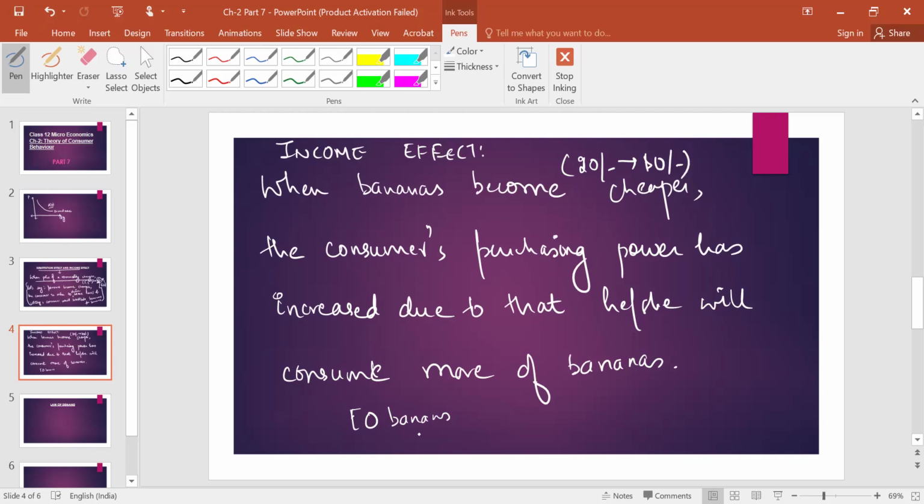With the same level of income, because his purchasing power has increased, he will get extra money left. Now maybe he's able to consume 15 bananas. So he will consume more bananas. That is known as the income effect. Understood?